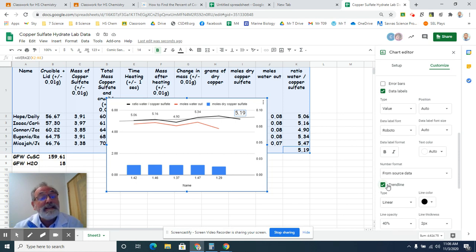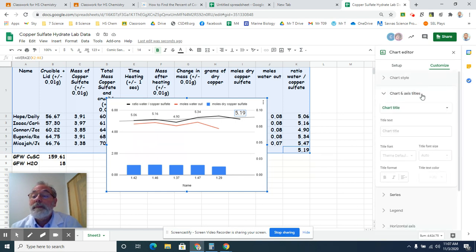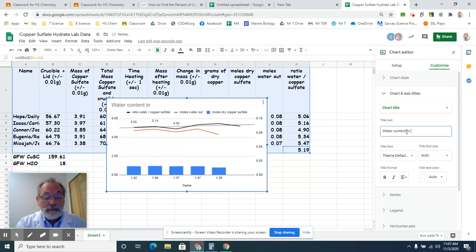Now, we need to title everything up. So let's go up to the graph and title. This graph is about water content in copper 2 sulfate crystals.